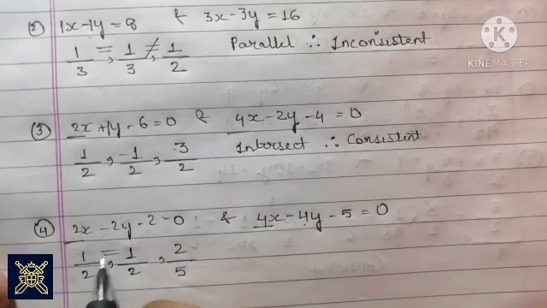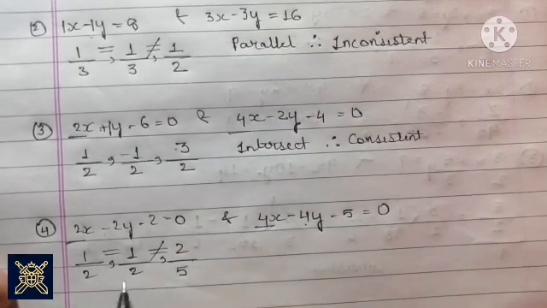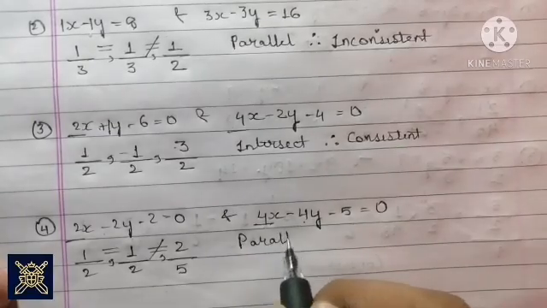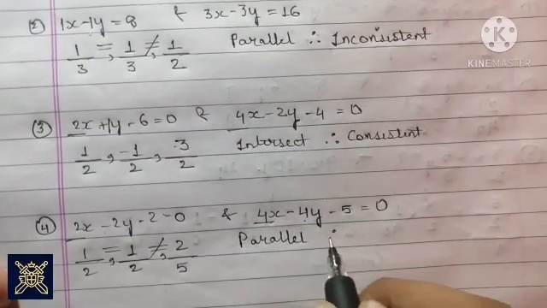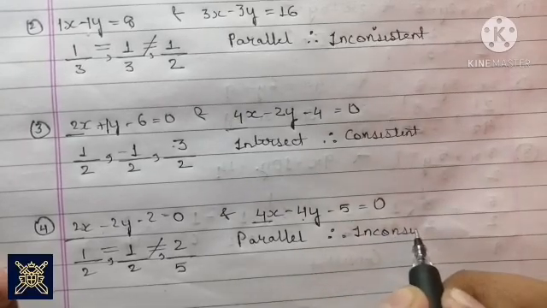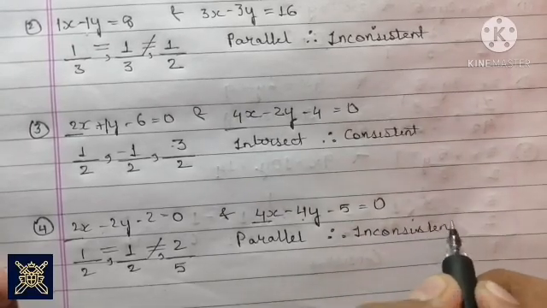As you can see, the first two are equal but the third is not equal. This means that the lines are parallel, and as we know, parallel lines are inconsistent and you don't need to draw the graph.